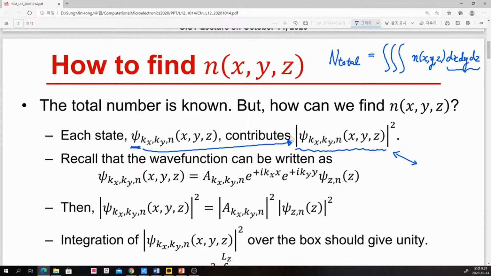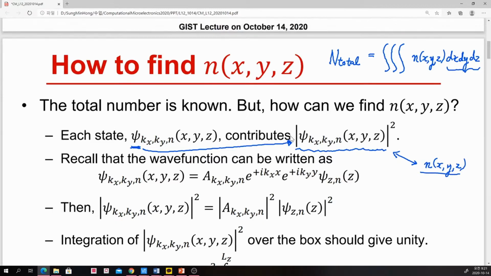But before starting our discussion in that direction, we first of all achieve this description, PDF, probability density function like description. So in order to allow this kind of interpretation, our wave function should be normalized.